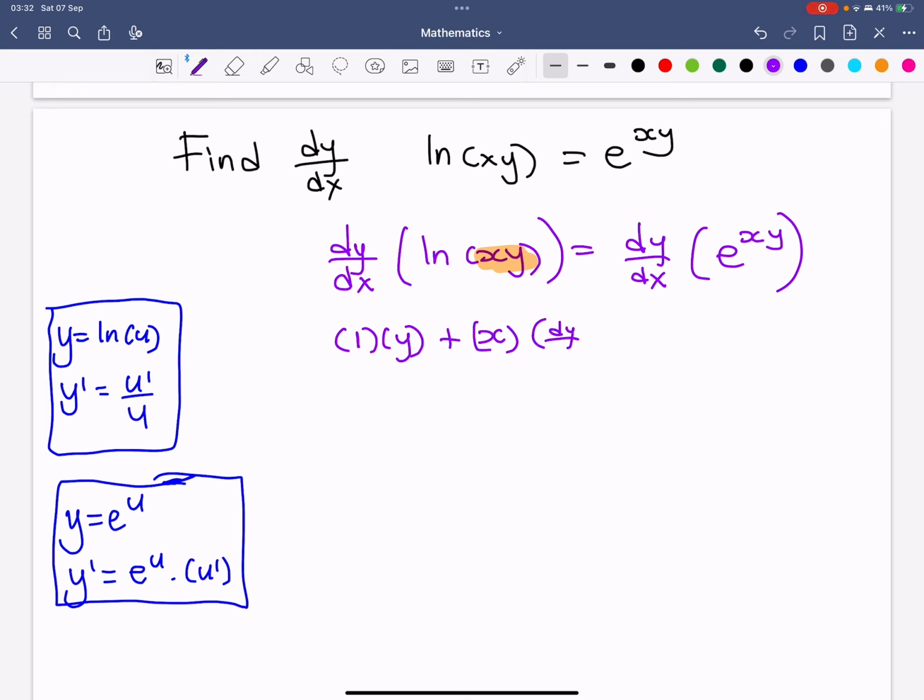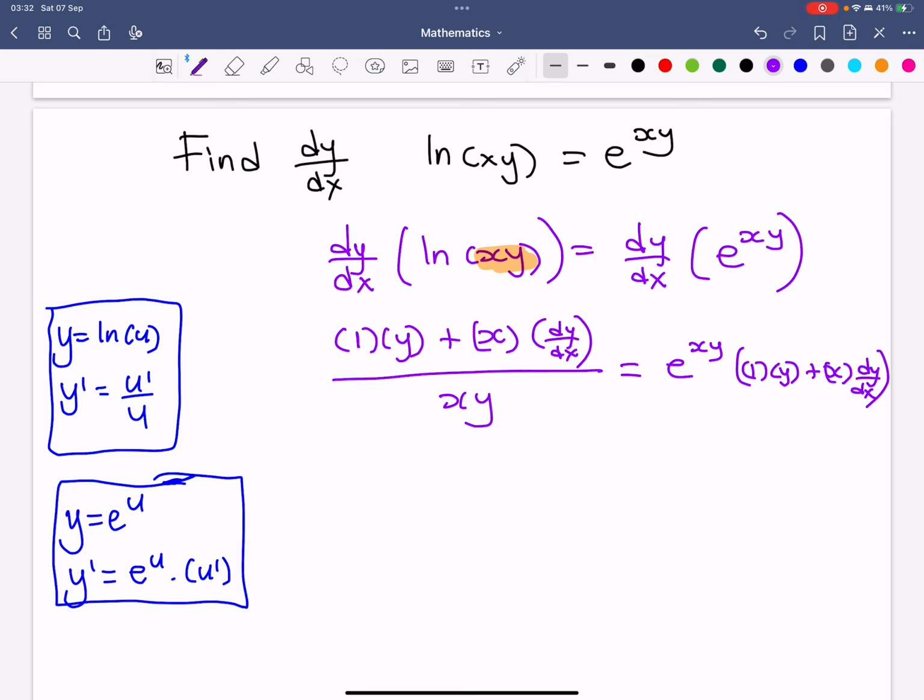It's dy over dx, all over xy, equals e to the xy multiplied by what we got there at the top, which is 1 times y plus x times dy over dx. Right, so that's that. Let's simplify at the top.